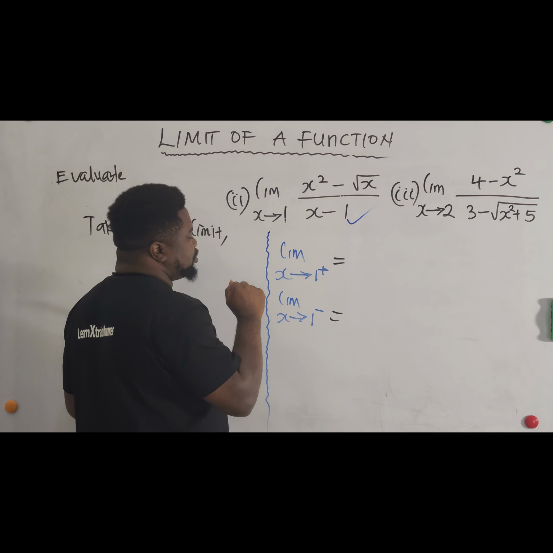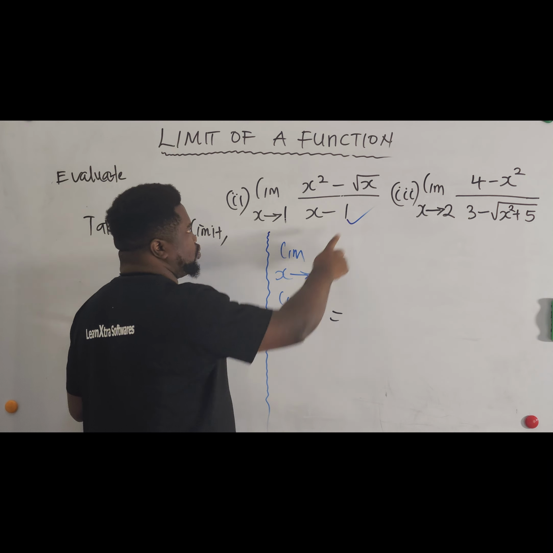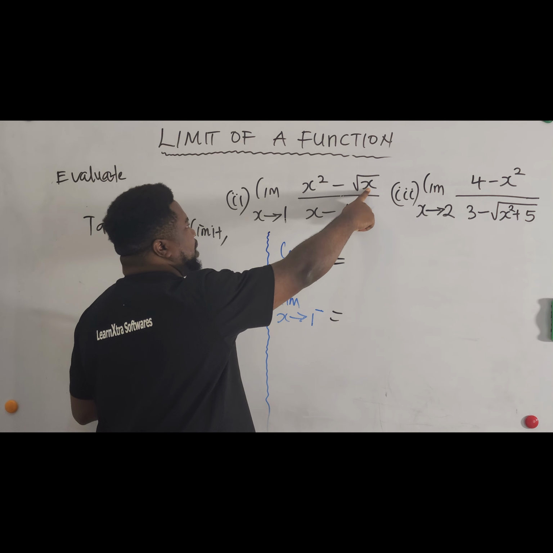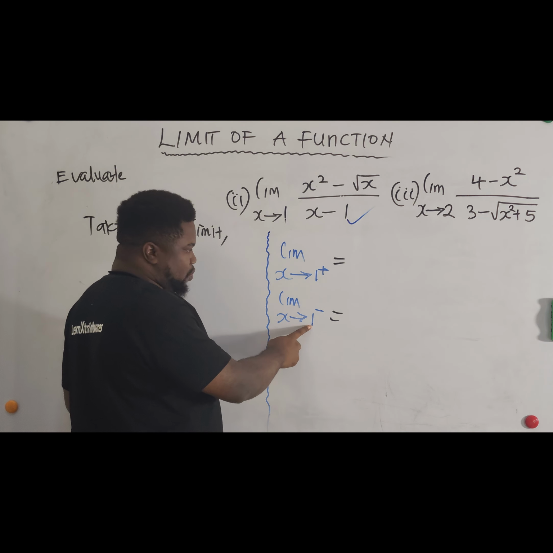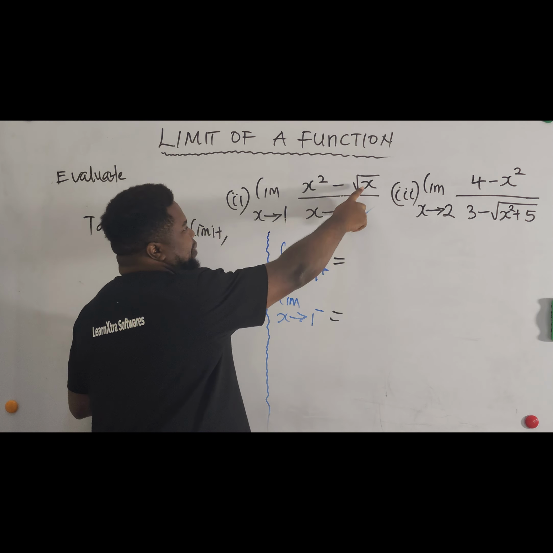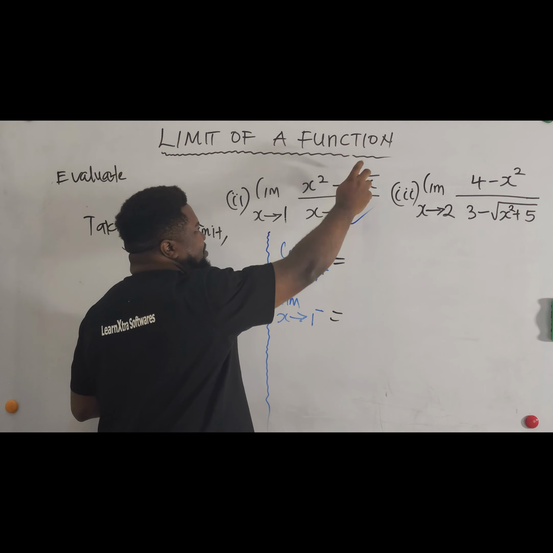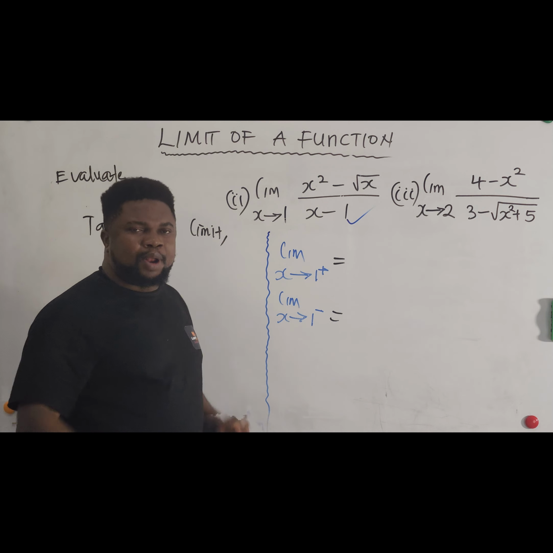They are possible because if I put numbers close to 1 and bigger than 1, I'll have 1.01, and the root of that is possible. Numbers less than 1, 0.999, the root is possible. But look at this.